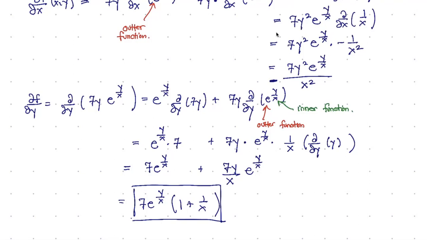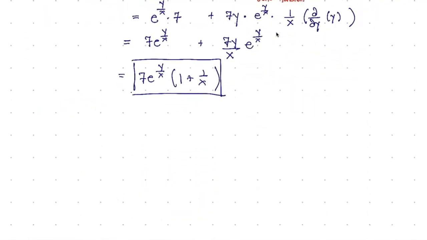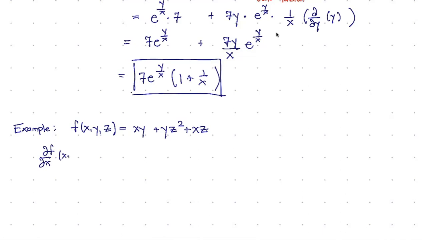Similar definitions are going to hold for three variables. So for example, if we had a function from R3 into R, and we simply wanted to find df dx, remember what that would mean is that all of the other variables would be held constant.